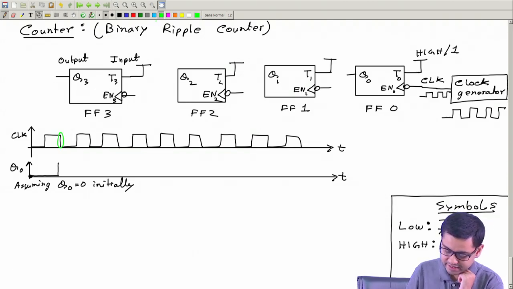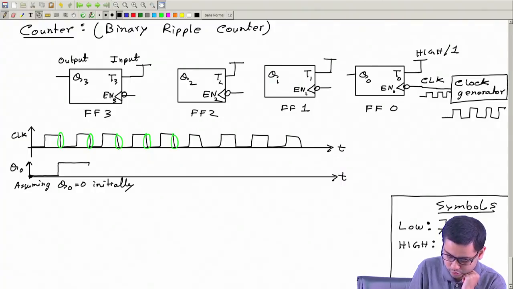Then where is the next negative edge? Next negative edge is here. Similarly here, here, here, and so on. Now that means Q0 will change after this, at this point here. So it will go from 1 to 0, then like this.